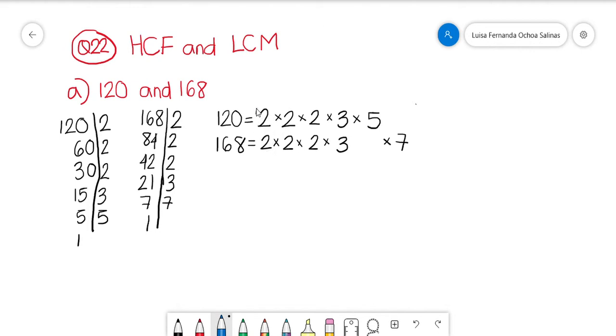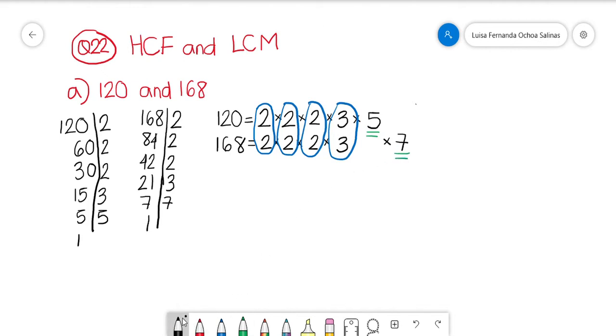The factors that both of them have are 2, 2, 2 and 3. And the ones that are not common are this 5 and this 7.